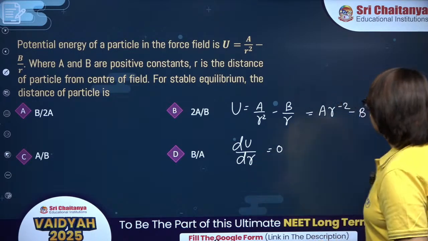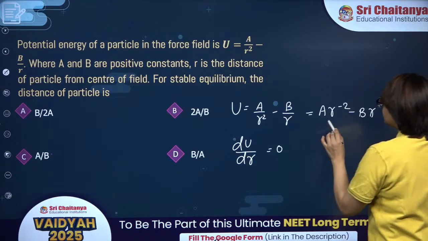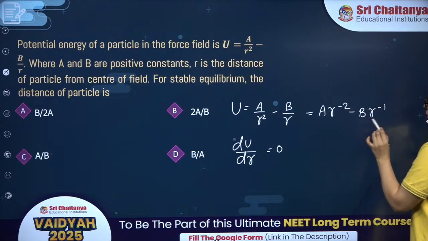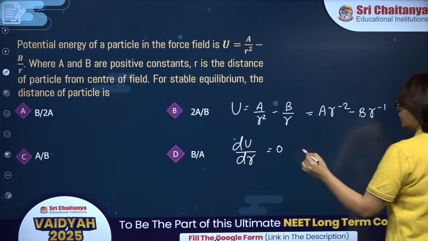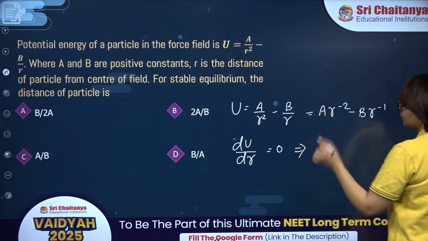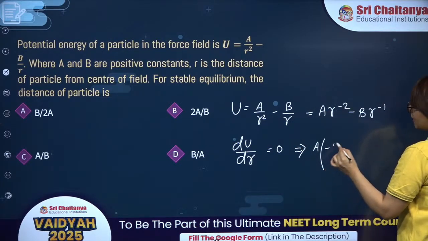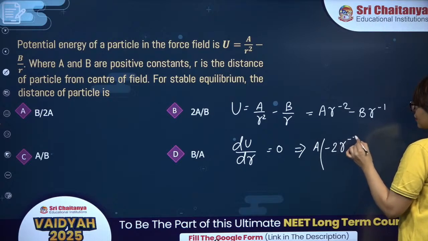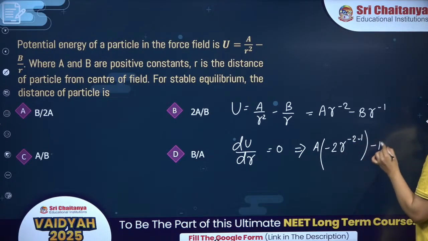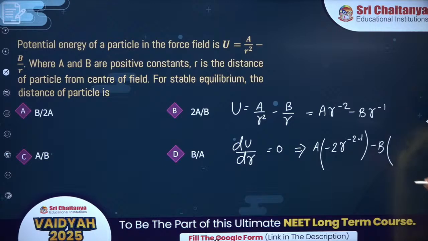Right? So you can write U as A times r to the power minus 2 minus B times r to the power minus 1. Now differentiate U with respect to r. So it will be A times r to the power minus 2, differentiation is minus 2 times r to the power minus 2 minus 1, minus B times differentiation of r to the power minus 1 is minus 1 times r to the power minus 1 minus 1.